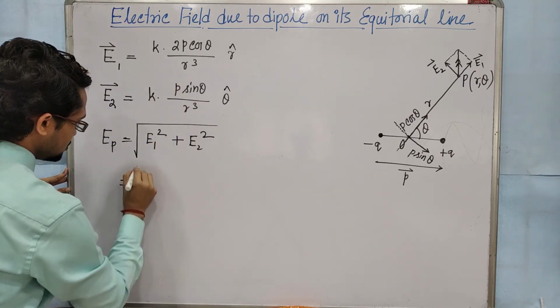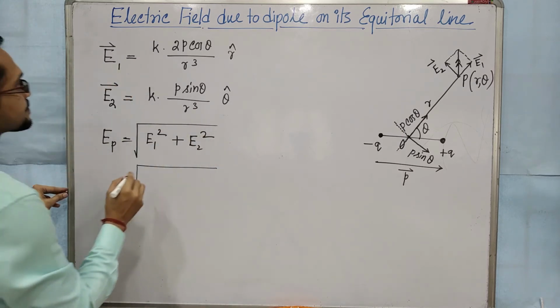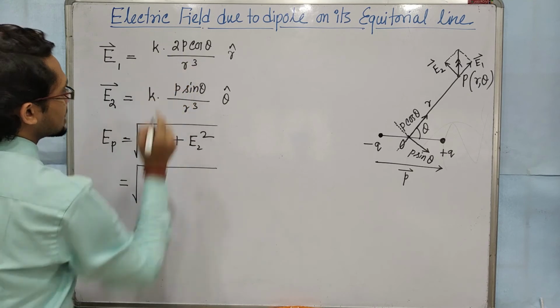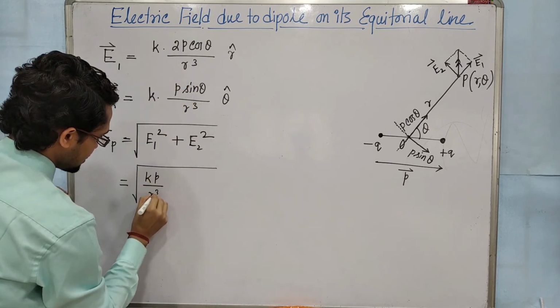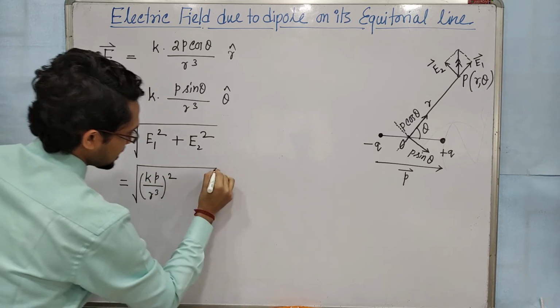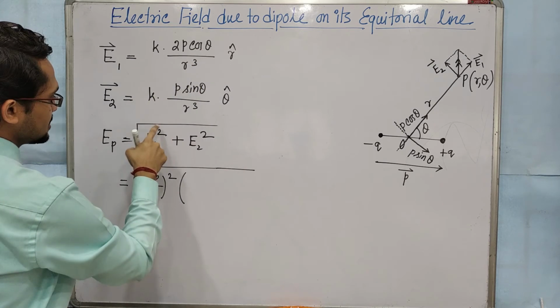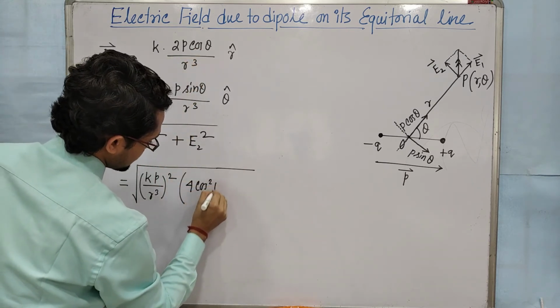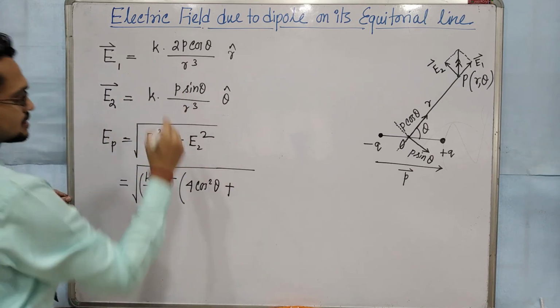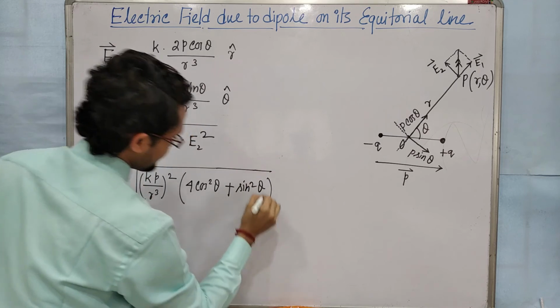So it equals root over Kp by R cube. Take Kp by R cube common. Then the remaining term is 2 cos theta, whole square, so 4 cos square theta, plus sin square theta.